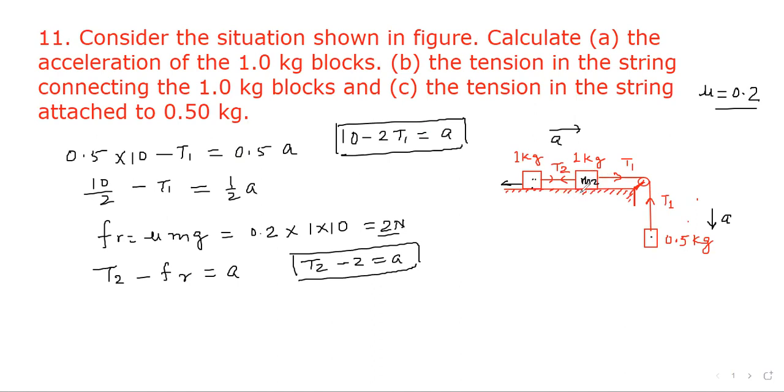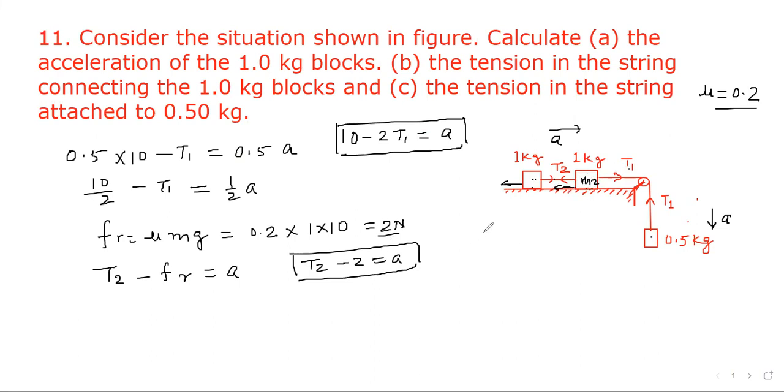Now we consider the motion of this block. Suppose this is M2. Here, T1 is greater than T2. Moreover, there is friction in this direction, and friction will have the same value because the masses in the two cases are the same, and the friction coefficients are also the same.